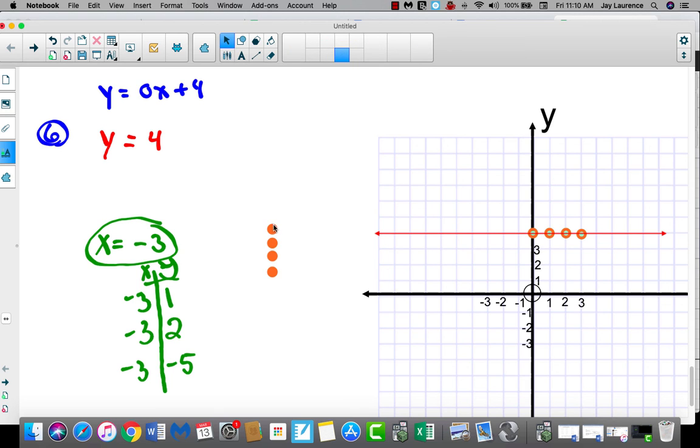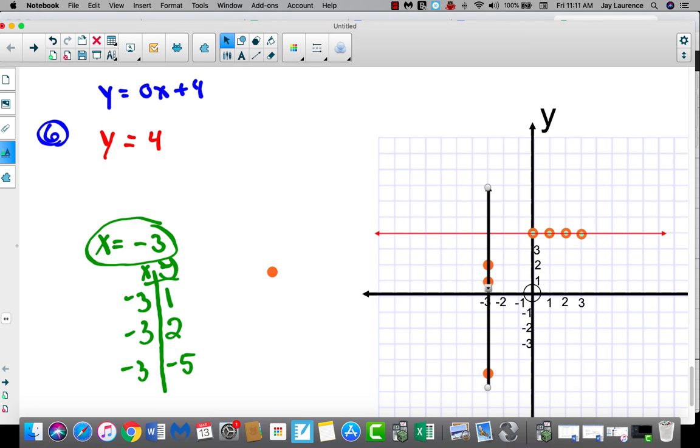So my first point is at -3, 1. My second point is at -3, 2. And my third point is at -3, -5. And there it is. You see I do get a vertical line. It's true for a vertical line that every x-coordinate is the same number.